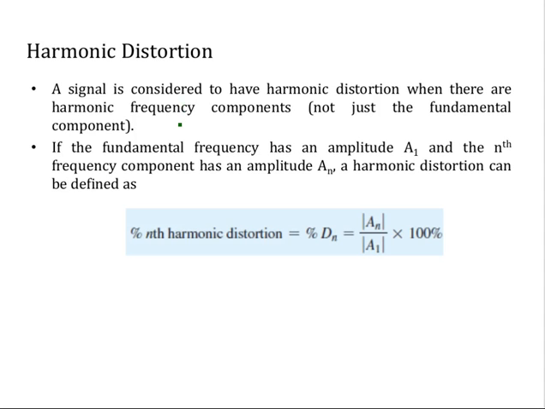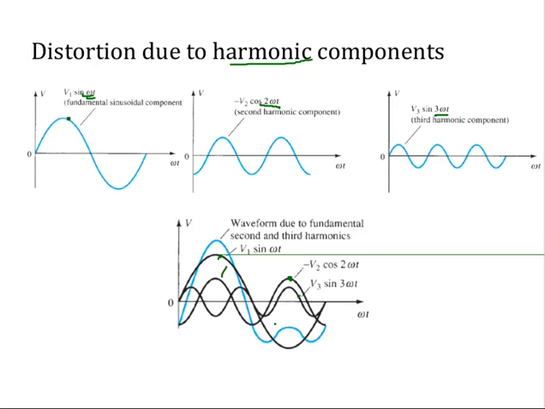Now we can calculate the harmonic distortion. We can quantify this. A signal is considered to have harmonic distortion when there are harmonic frequency components, not just the fundamental component. If the fundamental frequency has an amplitude A1, that is the amplitude of this particular fundamental signal, the peak value of this sinusoid is A1.